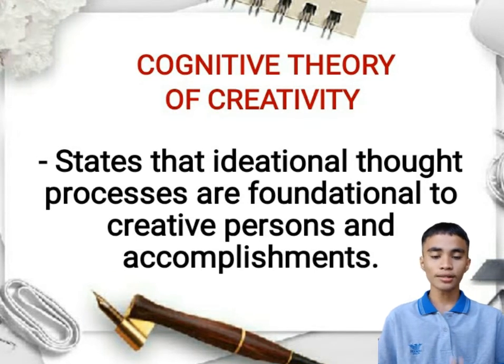Meanwhile, the cognitive theory of creativity states that ideational thought processes are foundational to creative persons and accomplishment. Individuals who discern remote association and are good at divergent or convergent thinking, conceptual combination and metacognitive processes are likely to be more creative.